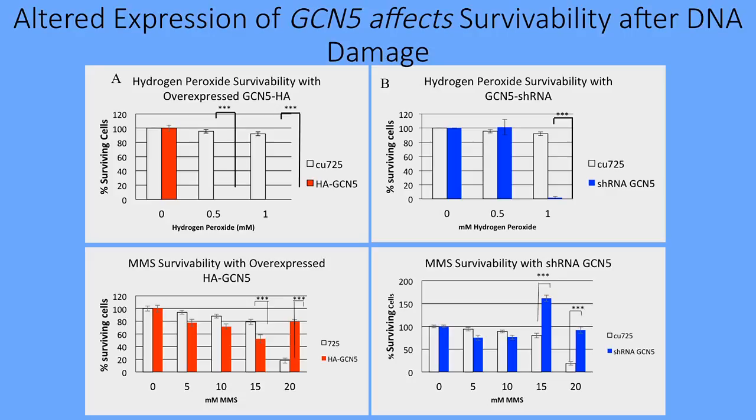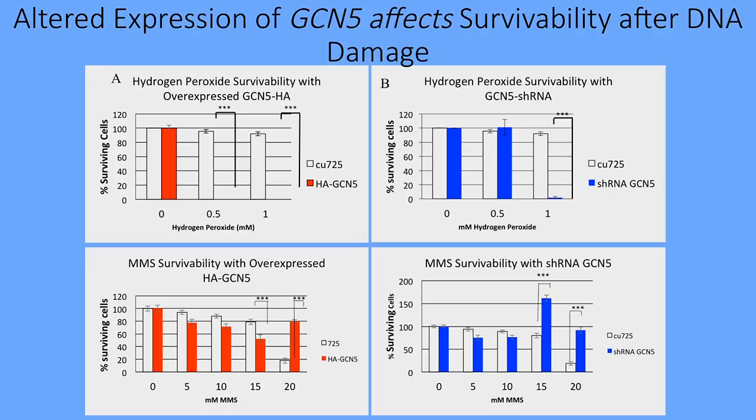And when you look at this, you can see there's these cells that overexpress, and these are only under the MTT promoter. So you just turn it on for an hour, and then they pretty much are very sensitive to hydrogen peroxide, and they are slightly sensitive at the beginning to lower doses of MMS, but at higher doses, they seem to be more resistant.